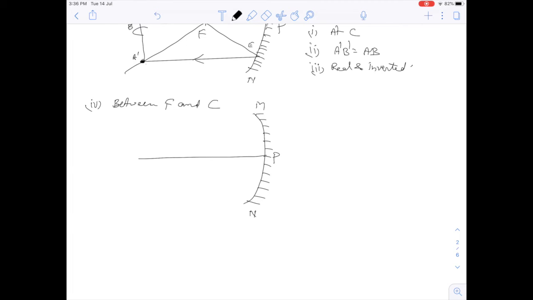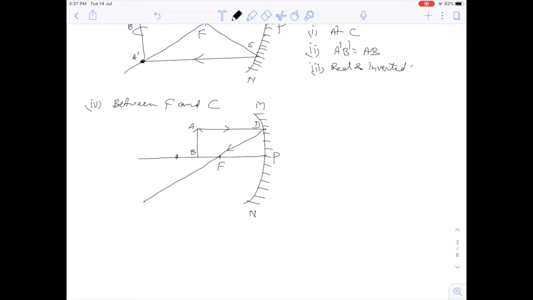I am now considering the object between F and C, so this will be the object position AB. Light is incident at the point D and gets reflected, passing through focus F.